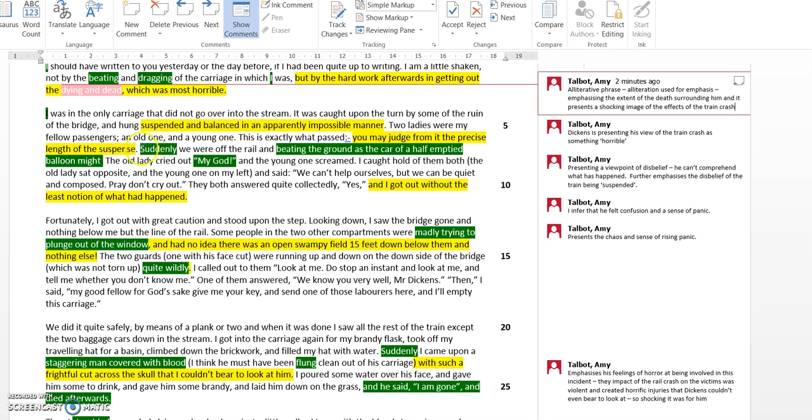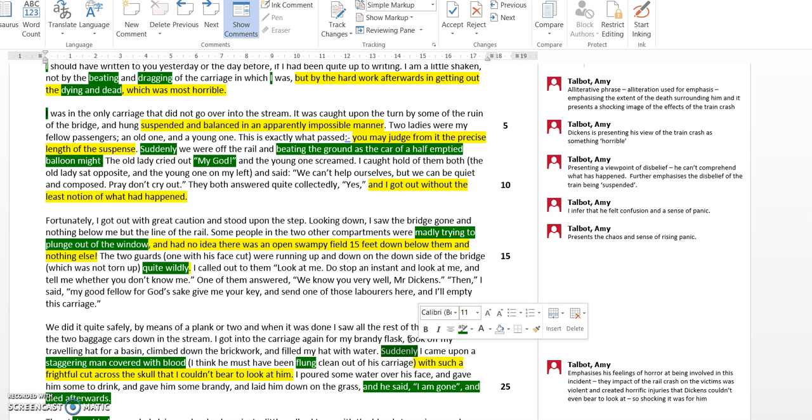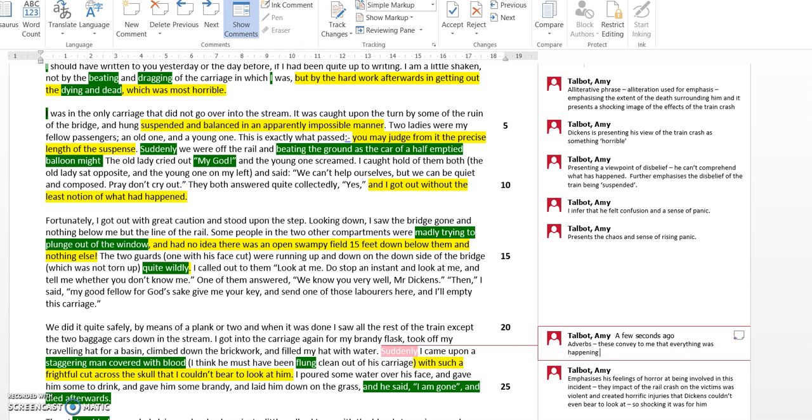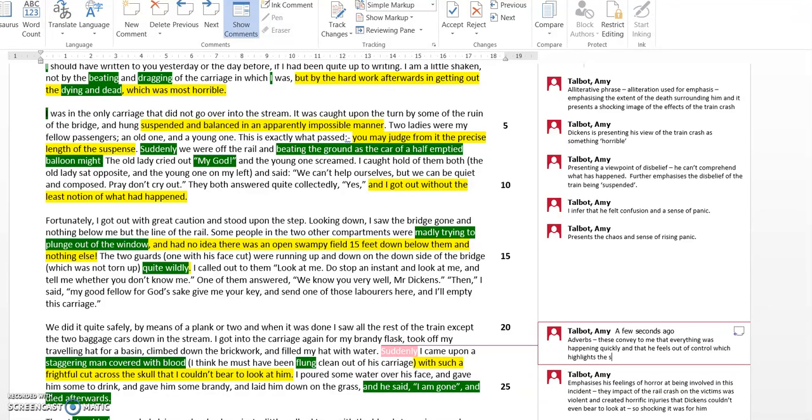For example, he uses this word 'suddenly' a couple of times. These are adverbs, and these convey to me that everything was happening quickly, and that he feels out of control, which highlights the chaos of the train crash.